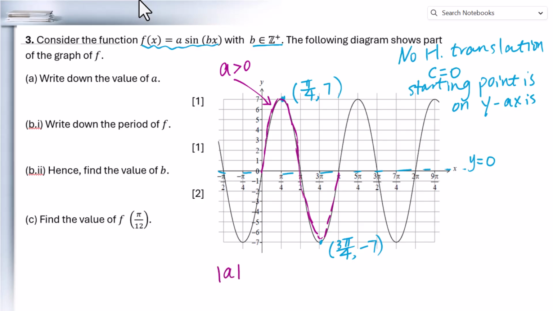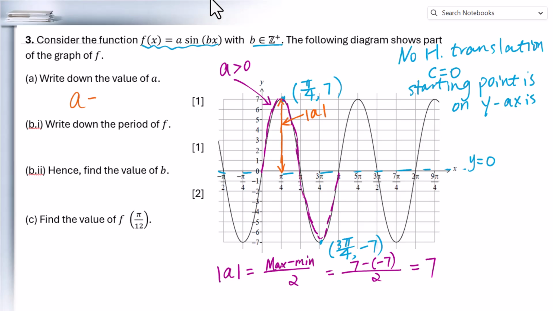The absolute value of a, the amplitude, equals maximum minus minimum over 2, which is 7 minus negative 7 over 2 equals 7. Or the vertical distance from the midline to the maximum point is the amplitude. Either way, you will get a equals 7.